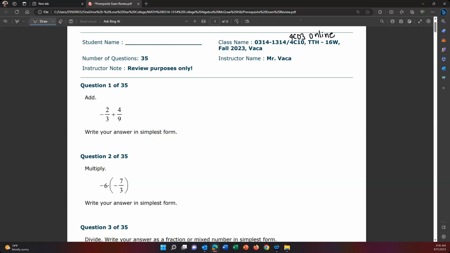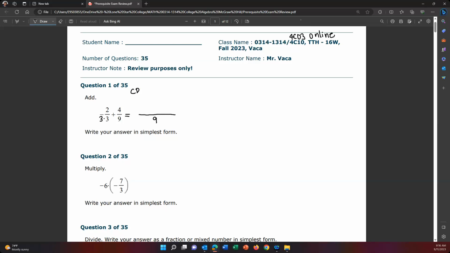So let's begin. It seems like the first question wants us to add some fractions. If we need to add or subtract fractions, we need a common denominator, okay? In this particular case, the common denominator is 9. The reason I say that is this is already a 9, but we can make this denominator a 9 by multiplying by 3.